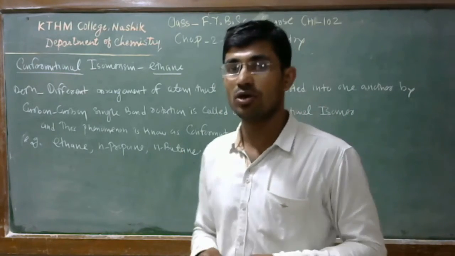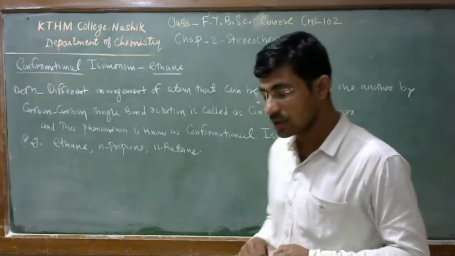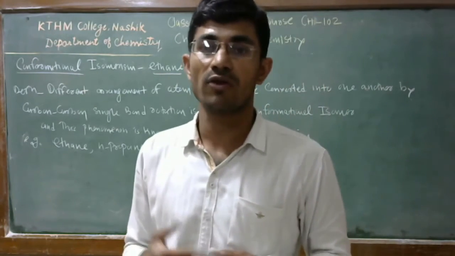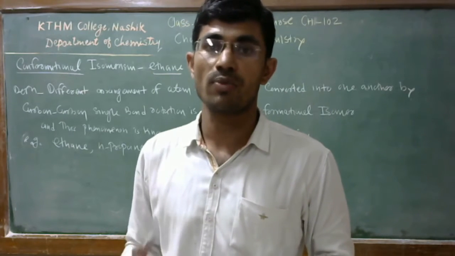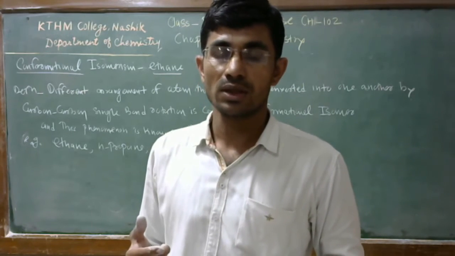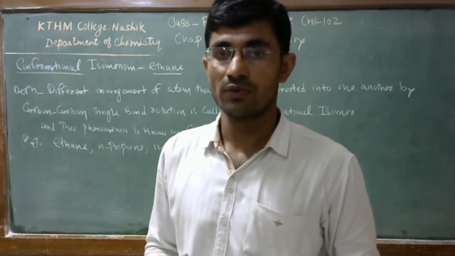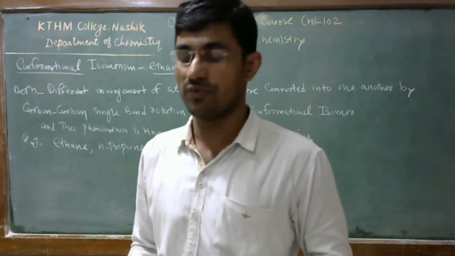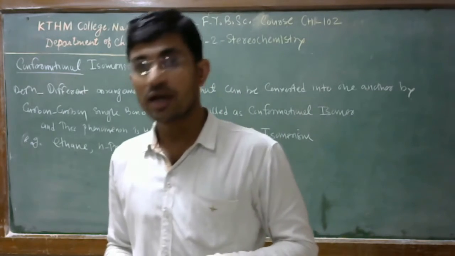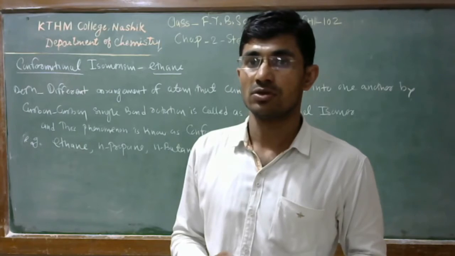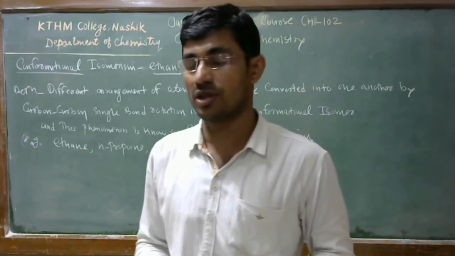In acyclic molecules like ethane, propane and butane, there is free rotation about the carbon-carbon single bond. Because of that, we can observe different arrangements of atoms or groups in space, so we get different conformations. That is nothing but conformational isomers.